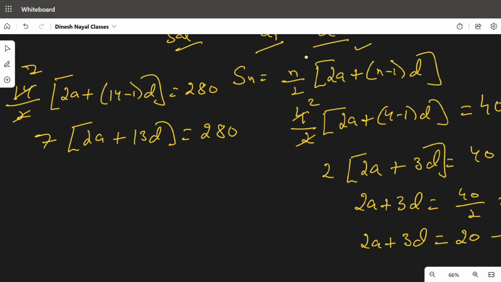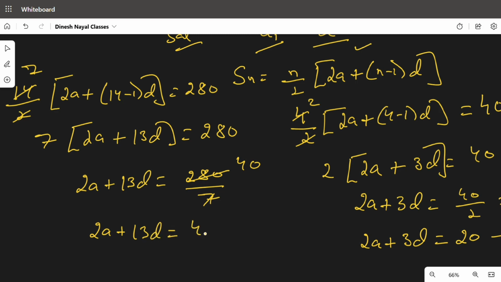We can cross multiply: 2a plus 13d equals 280 by 7. We know 7 fours are 28, so this is 40. So 2a plus 13d equals 40. This is our equation 2.